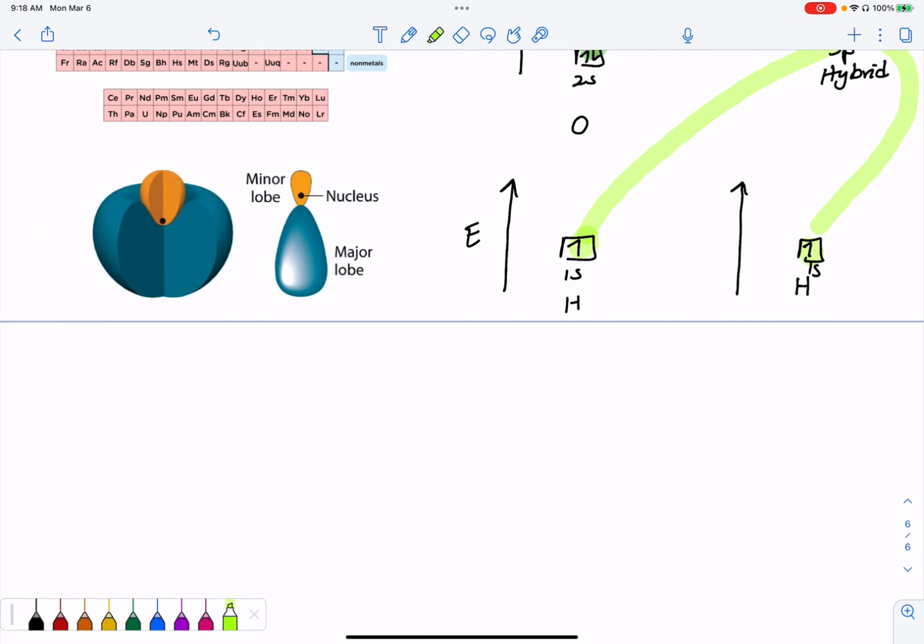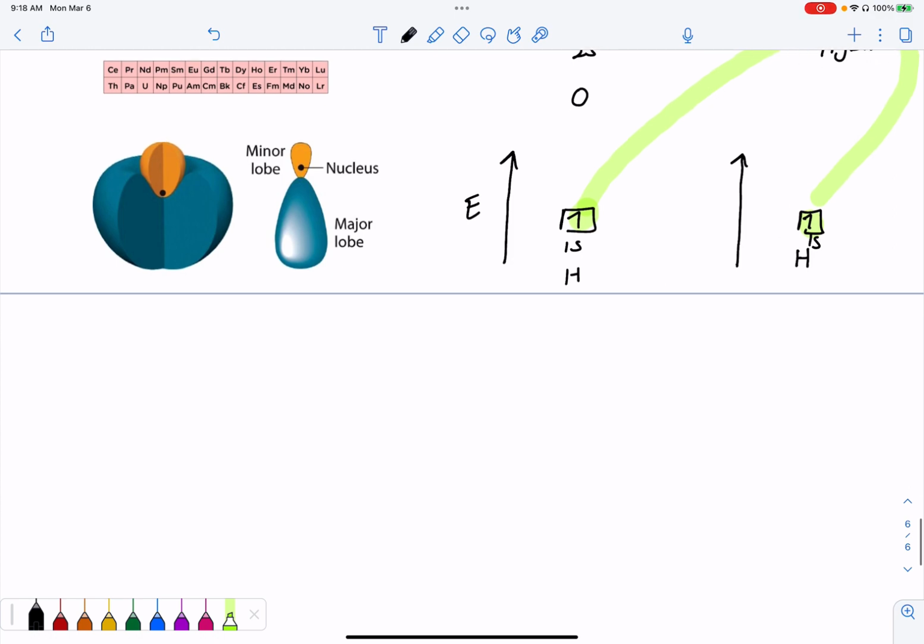This is a combination of my s and my p. When I say combination, I'm talking about a linear combination, meaning I can look at their destructive and constructive interference. So this is what our hybridized orbital looks like.